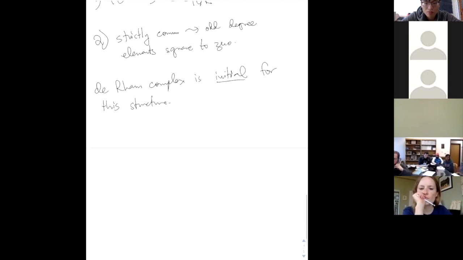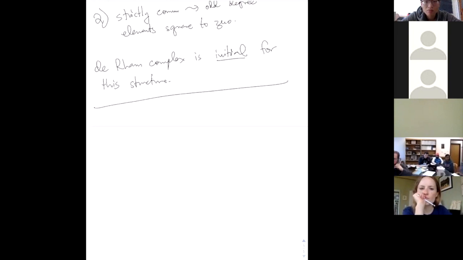Okay, so that's good. One of the reasons that people wanted these cohomology theories was to work with varieties over finite fields and to talk about counting points.